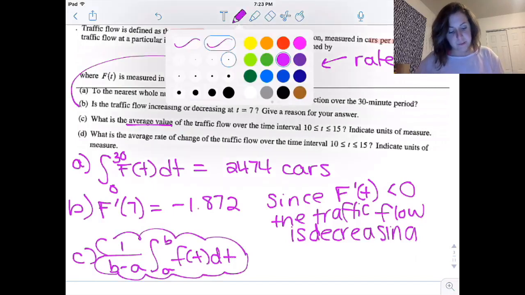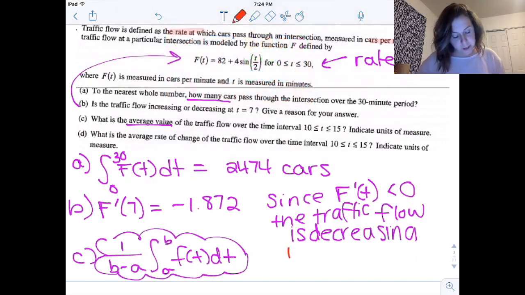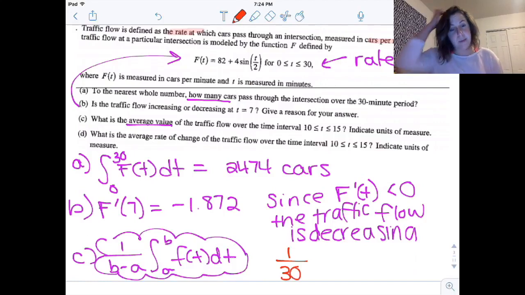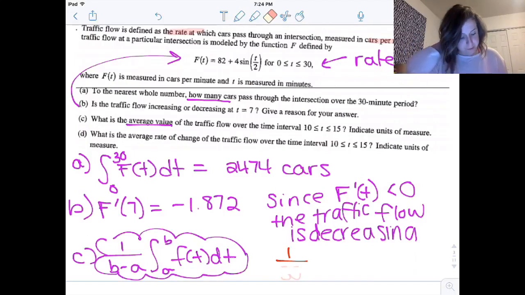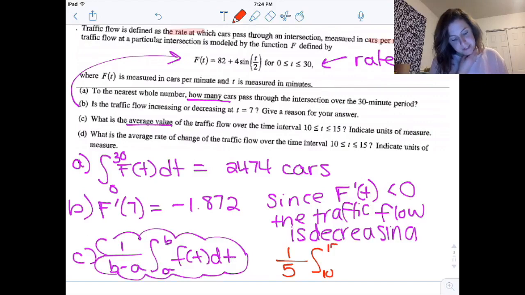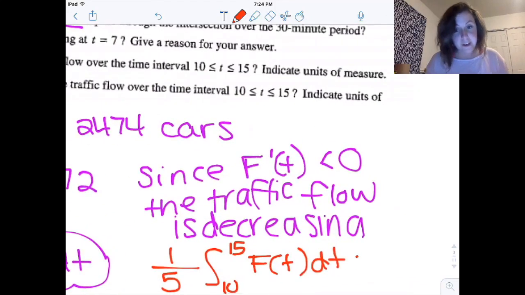So my traffic flow, it's 1 over 30, because that's my interval of time. Or I'm sorry, it said over the first, from 10 to 15. So it's 1 over 5. The integral from 10 to 15 of f of t dt, because I want the average traffic flow. And again, just plug that in your calculator, and this is 81.899.